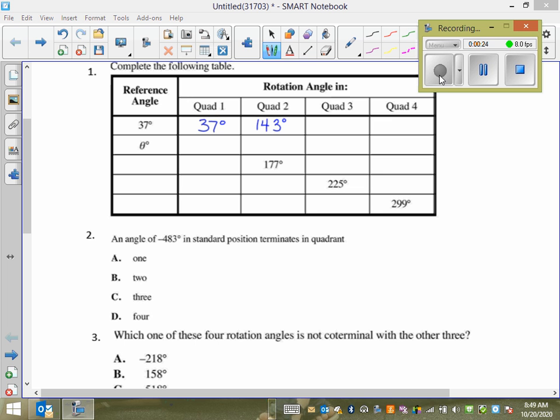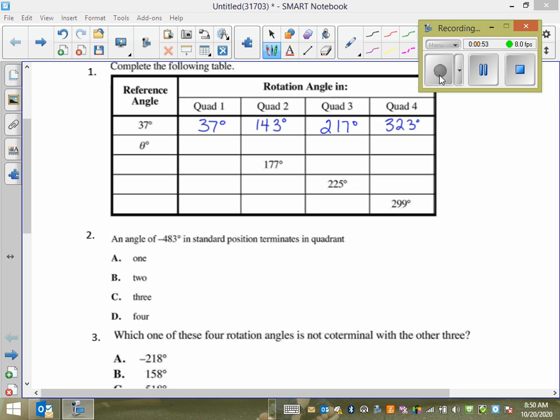Quadrant 3, we add 37 degrees to 180, and we get 217. Very good. And quadrant 4, 360 minus 37 is 323. Good job, guys.